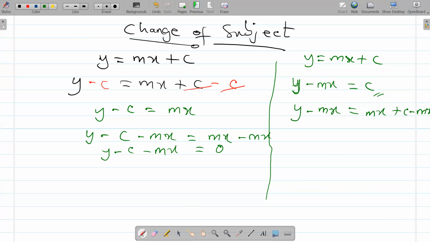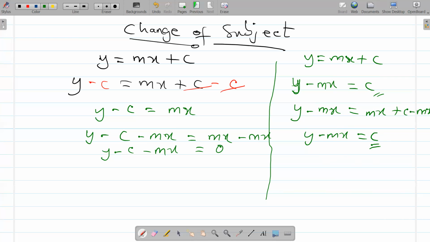So this minus mx will take care of the mx. Then we still have y minus mx is equal to c. And we still get the same result.